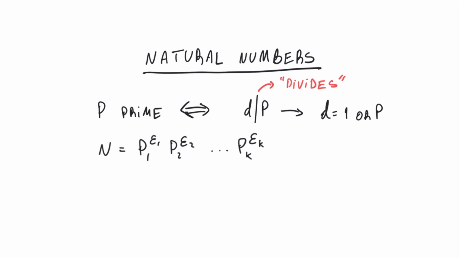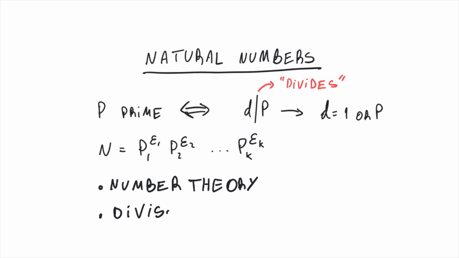So why is this useful? Well, for any problem that deals with number theory, so with properties of numbers, knowing how to factorize the numbers and find prime numbers and the exponents is important. This includes finding divisors of numbers and using them to do various other calculations.